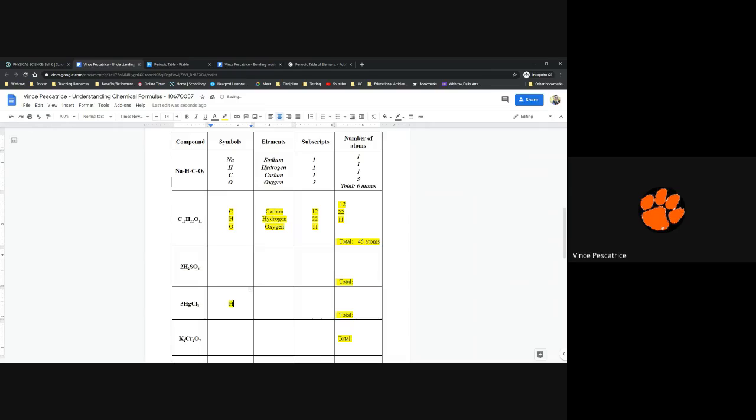Hg is 1. Notice how it's an uppercase and a lowercase. So that means it's its own element. And then Cl is next. You can tell me what Hg is. Use your periodic table.